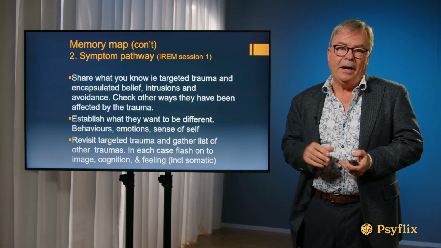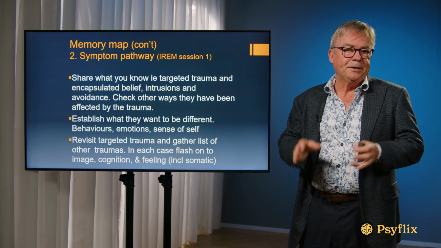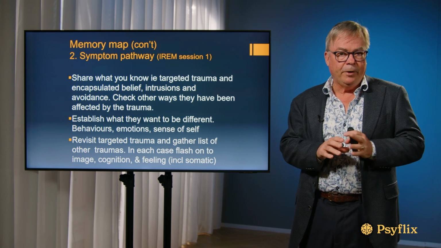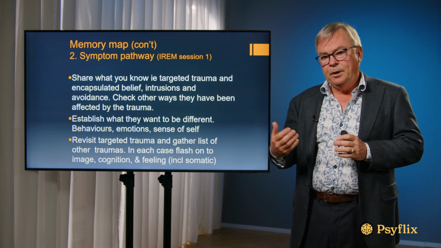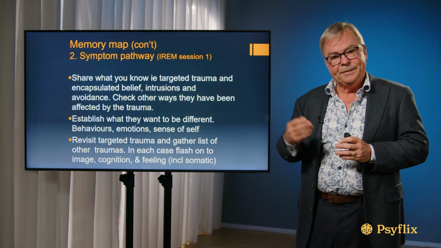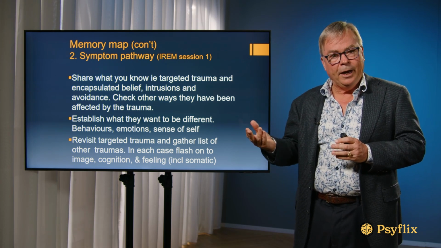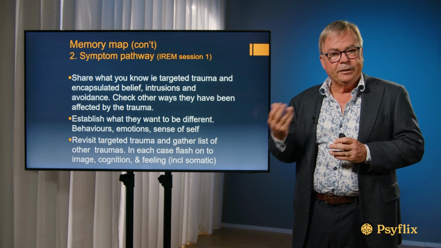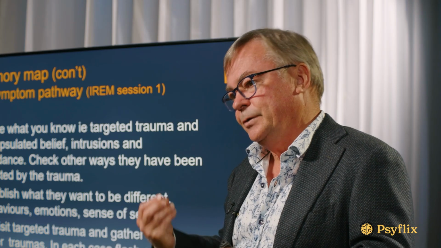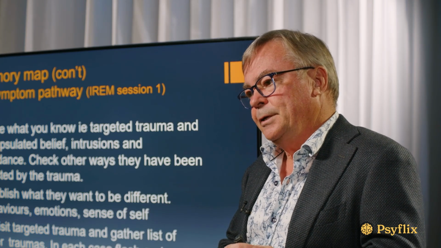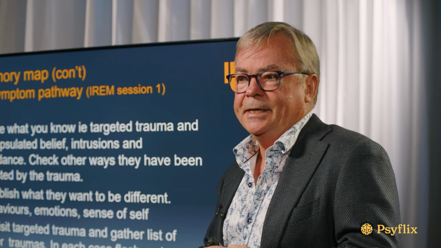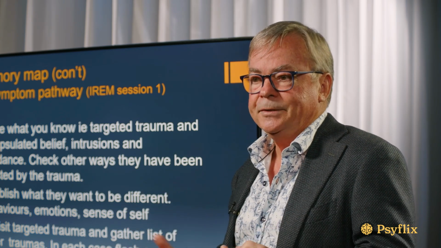The second pathway for constructing schema maps, and this is what actually happened in the IRAM study, is the person would begin the treatment process in session 1 by sharing with the client key information that the therapist already had. So to get into the IRAM study, the person had to make criteria for PTSD, which means they talked to a research assistant.